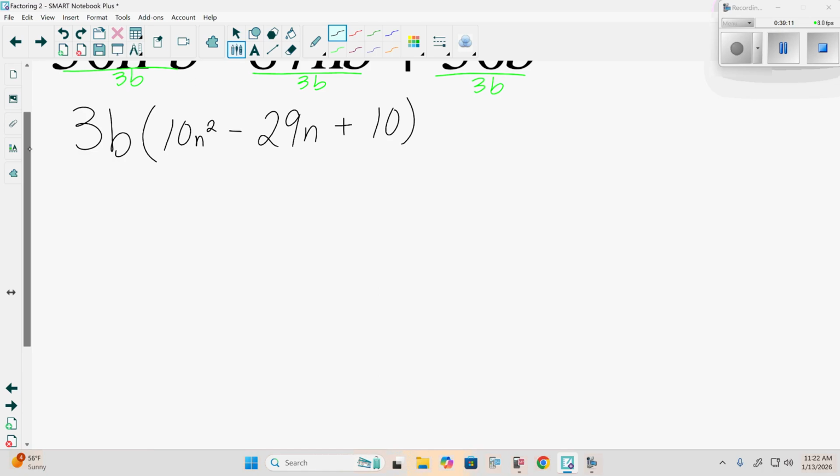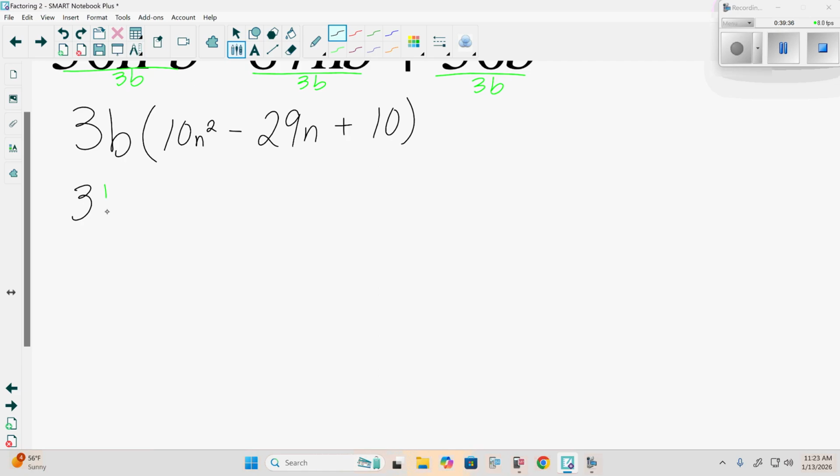Is there a common factor between these three? So 10 would be 2, 5, or 10. 29 is not divisible by 2, 5, or 10, so we're done. If there is another common factor, we can do it again. We can factor it again, and we just put it next to the number in front, and we multiply those again.